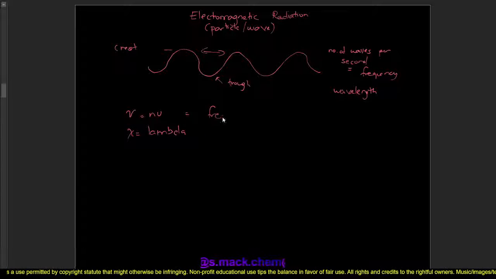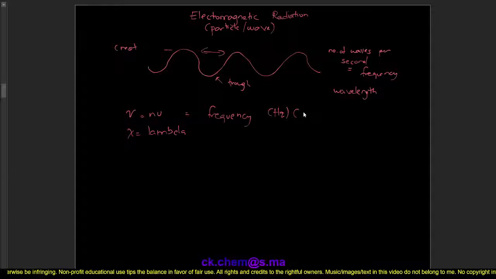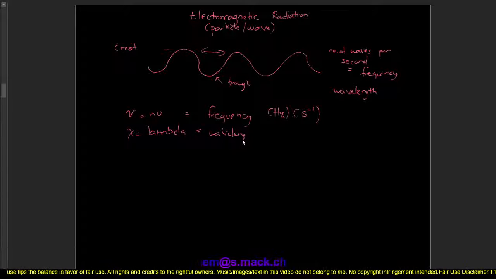Nu represents the frequency, and frequency is given in, well, hertz, right? Where hertz is a per second, right? So how many waves per second, or hertz, and wavelength is given, and I'm going to use either meters or nanometers, and we will look at the conversions later on, right?